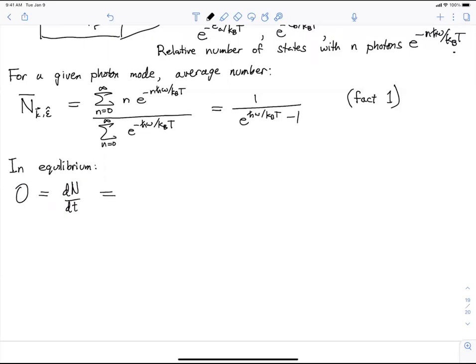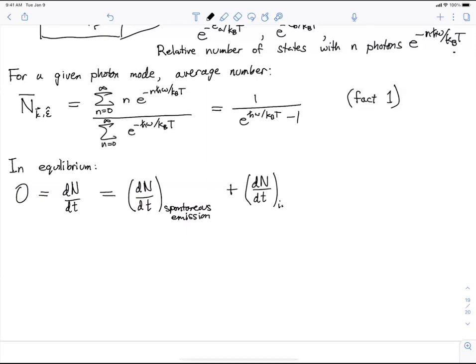But now if I think about it, what are all the different ways the number of photons could be changing? There's one place that they could be changing, and that's spontaneous emission. And another way that they could be changing, that's the thing we want to know. And then there are the other things that could change the number of photons.